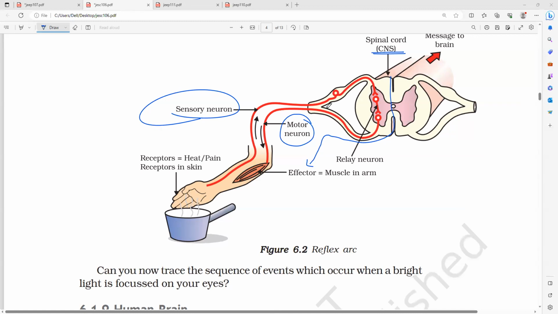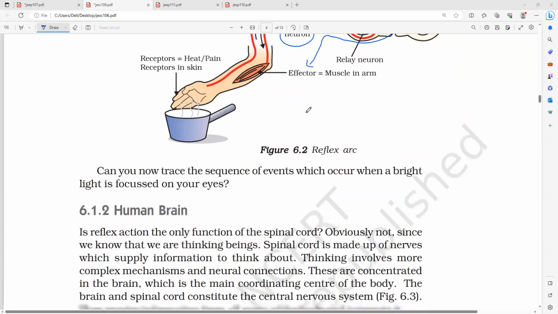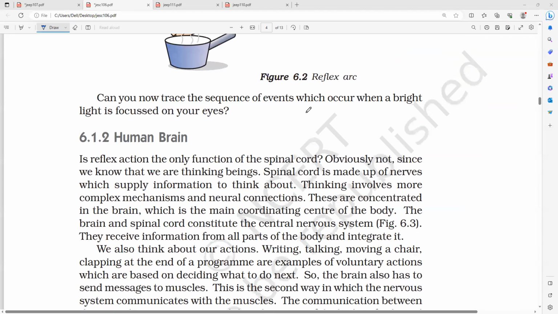Whenever our body is doing any kind of action, the central nervous system and hormonal system together are involved in many actions of our bodies. So that is why we can say nervous and hormonal systems together perform control and coordination in human beings.